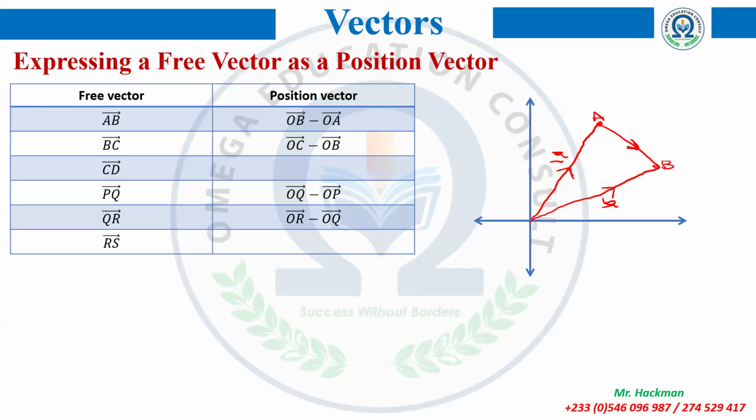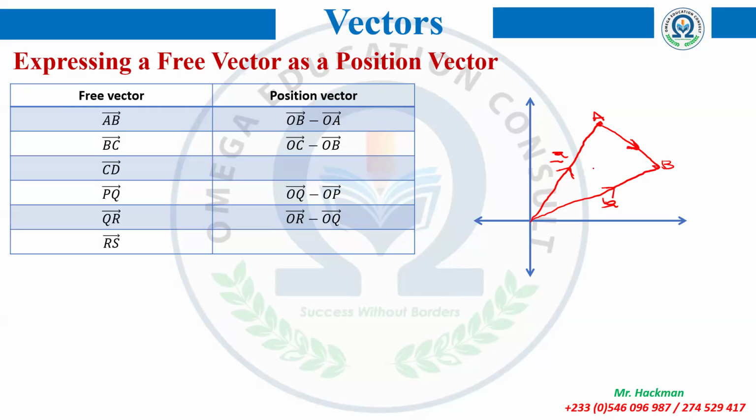So I can move from A to O, then O to B. Yes, I've still moved from A to B. Only that I took another point. I didn't move from A to B directly. I went through O.